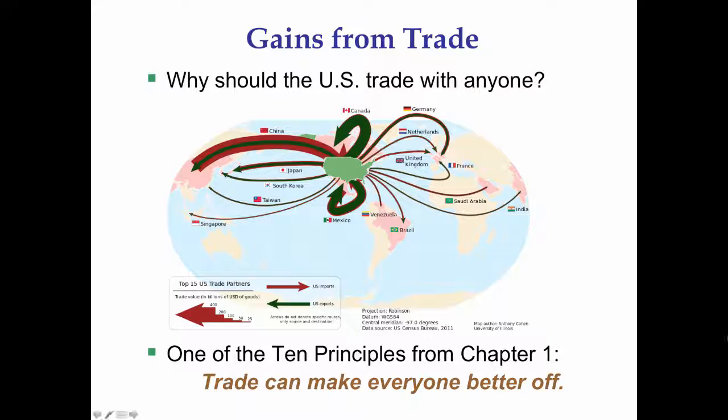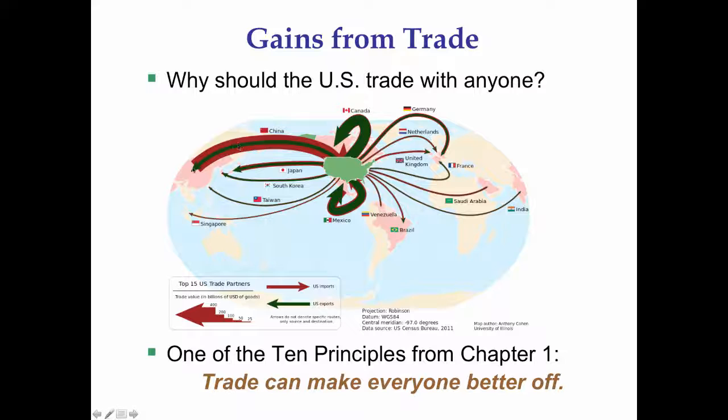So this diagram here shows the United States right in the middle, and the green arrows are exports. Those are goods that are produced in the United States and sold to other countries, while the red arrows are imports. And again, those are goods that are produced in a different country but imported into the US. So you can see that there's a big export market with Canada, also Mexico.